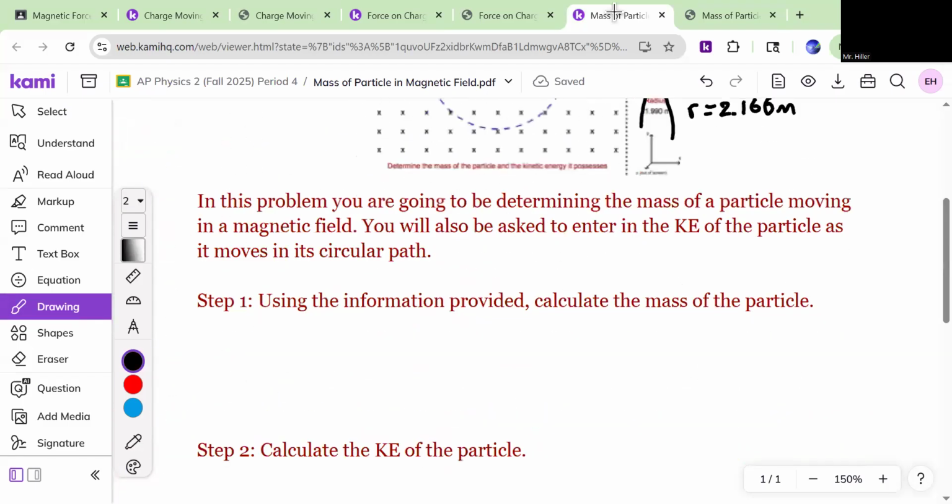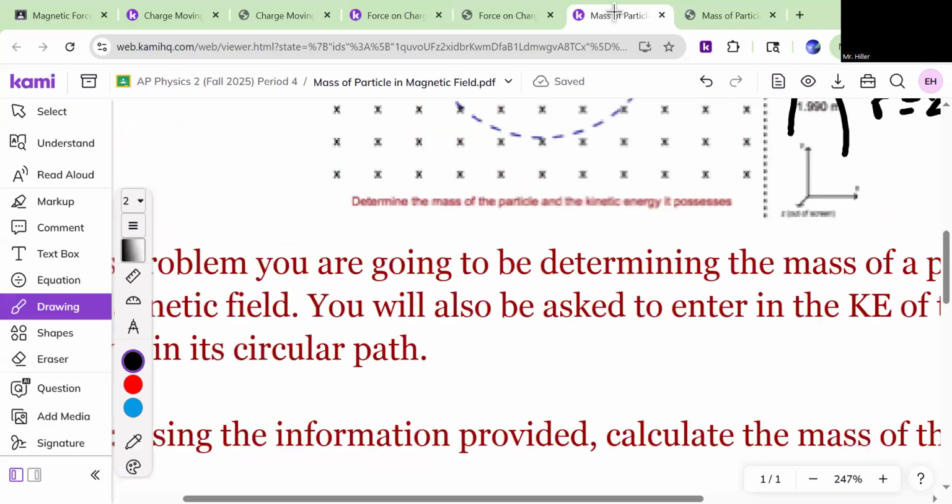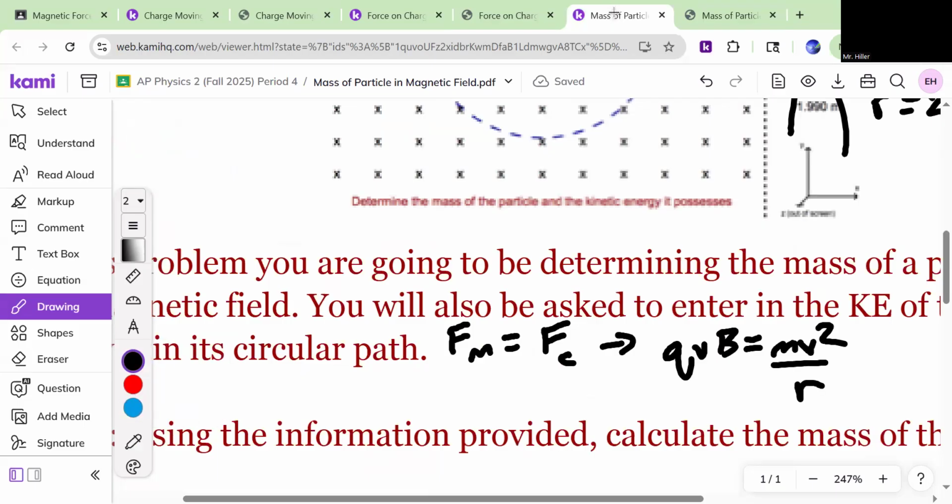Okay, so using the information, calculate the mass of the projectile. So here's what we know. We know that a magnetic force is a centripetal force. What that means is a magnetic force of QVB equals a centripetal force of mv squared over r. You can see one factor of velocity cancels.